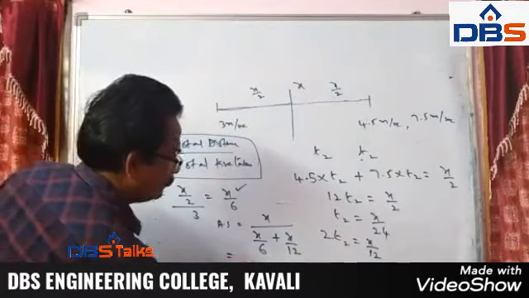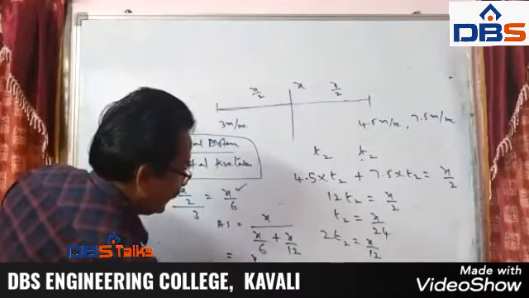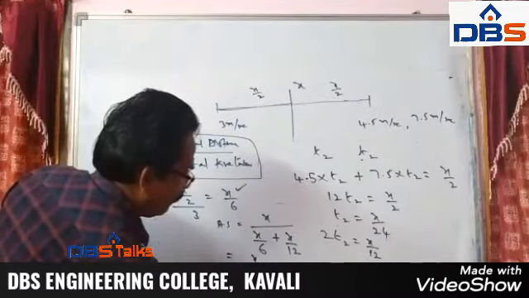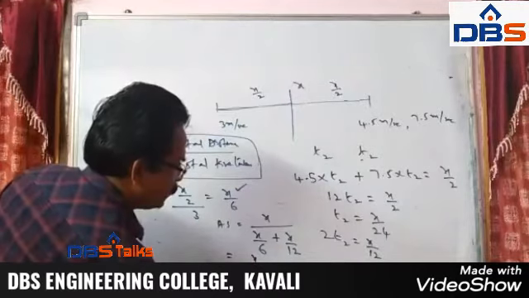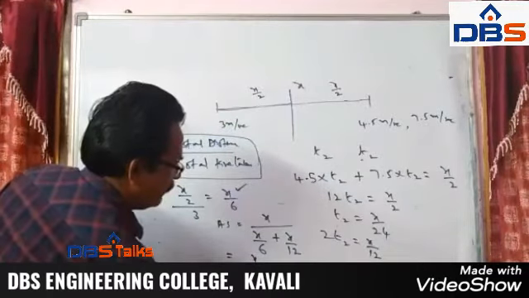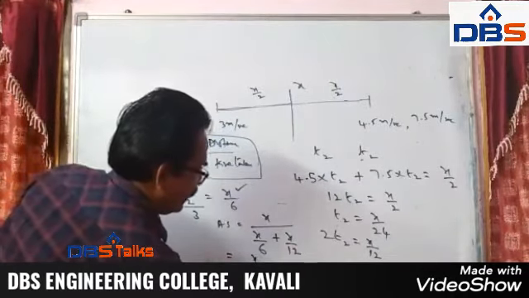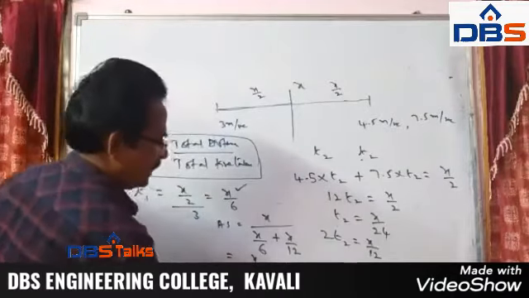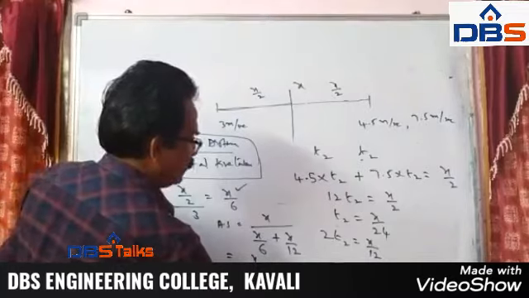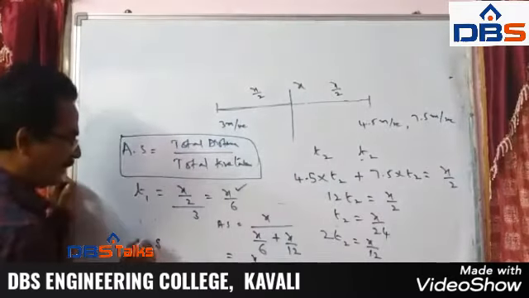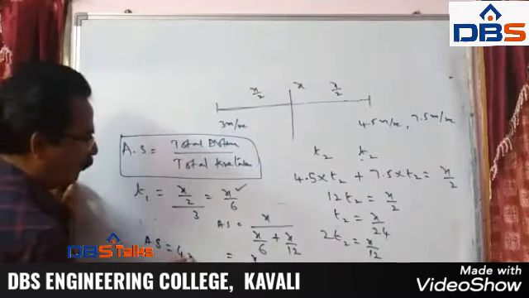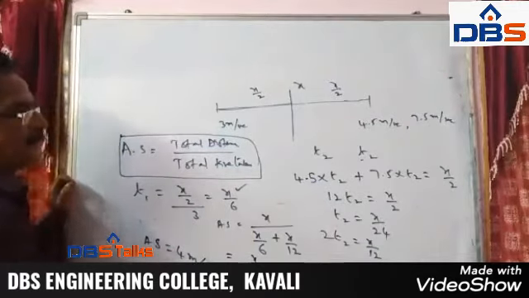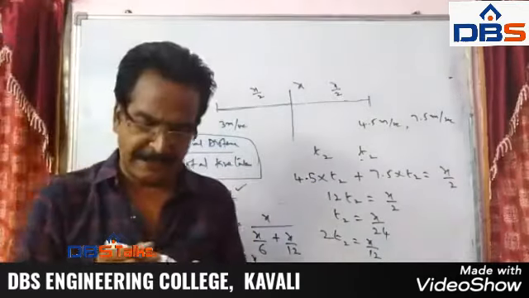This is equal to x by, LCM of 12 and 6 is 12, so 2x plus x, into 12, by 3x. The x cancels, and 3 fours are 12, so average speed is equal to 4 meters per second.